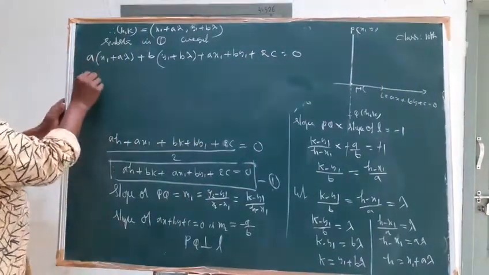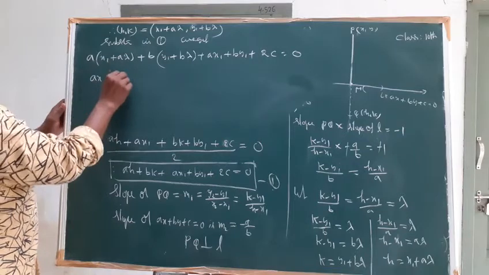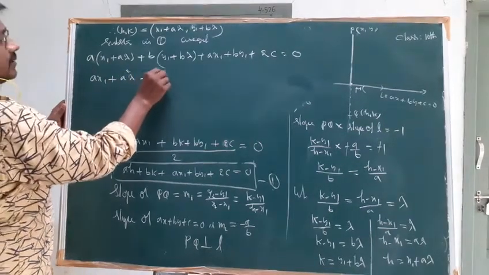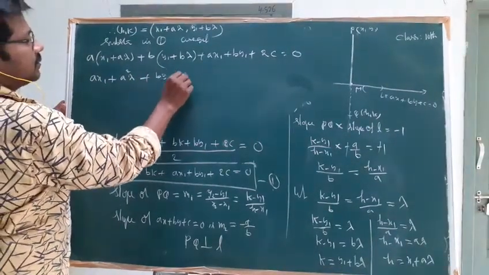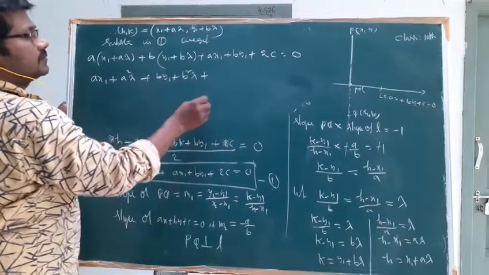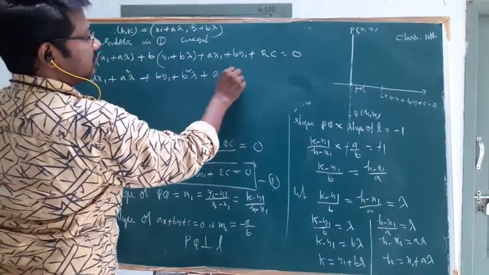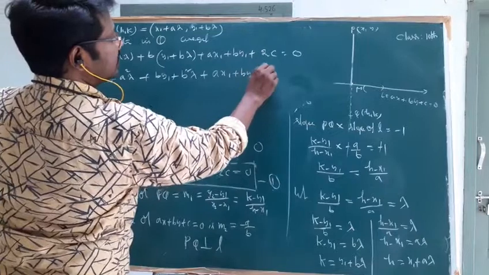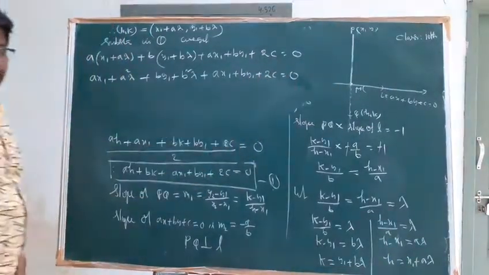Multiplying, ax1 plus a square lambda plus by1 plus b square lambda plus ax1 plus by1 plus 2c is equal to 0.